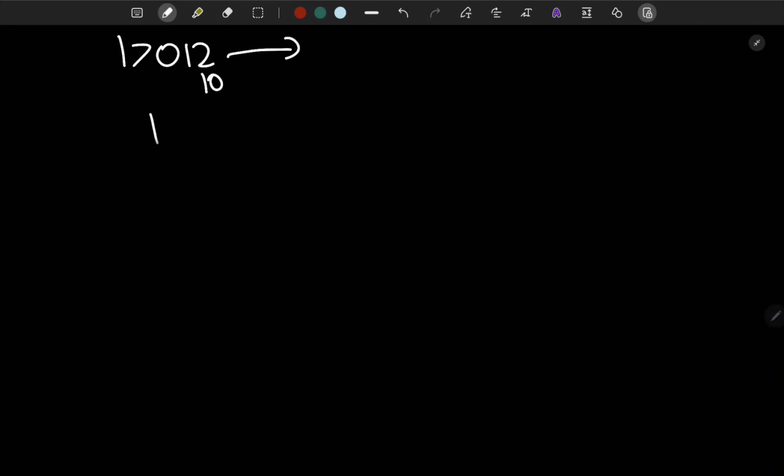So let's start by dividing this. 17012 divided by 16 is 1063, and the remainder is going to be times 4, so it's going to be 4.